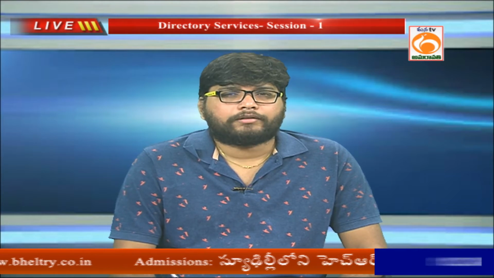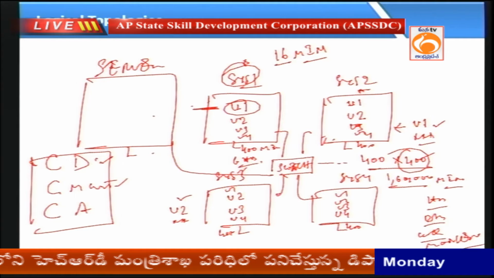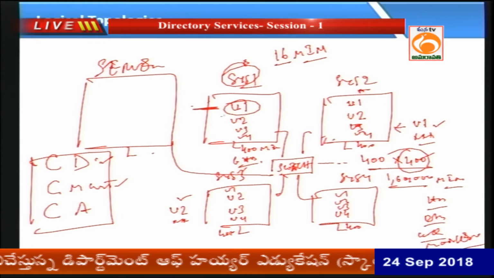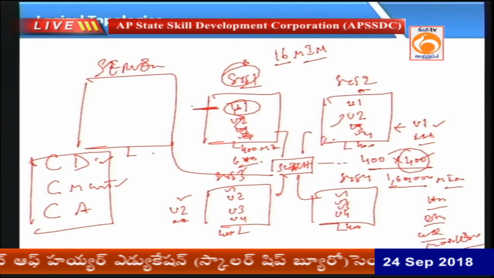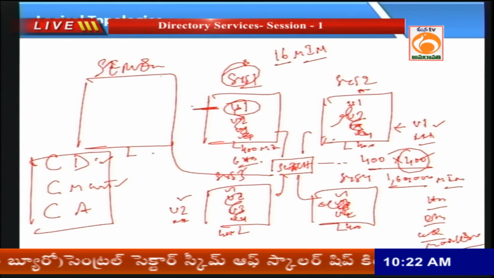For example, in the slide, how many employees do I have? If you check the slide, we are taking an example of 400 employees. Now, where will I create all the users? I do not go to every computer and create them. I will create all the user accounts here.